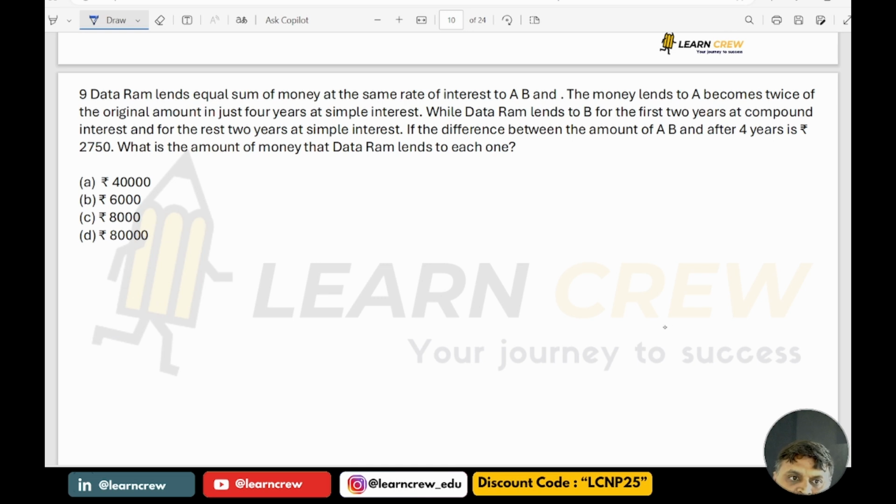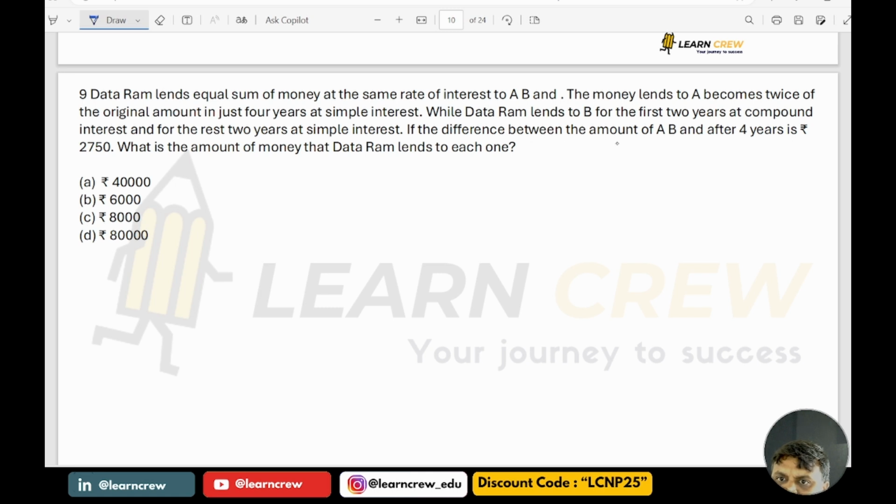Ram lends an equal sum of money at the same rate of interest to A and B, and the money lent to A becomes twice the original amount in just 4 years at simple interest, while Ram lends to B for the first 2 years at compound interest and for the rest 2 years at simple interest.